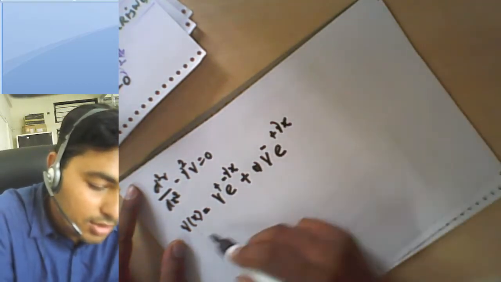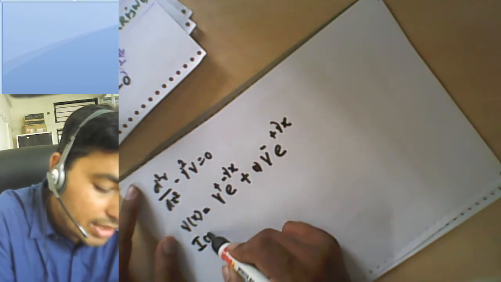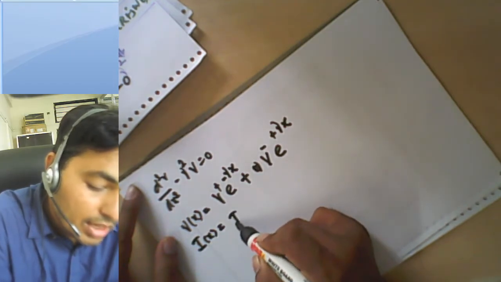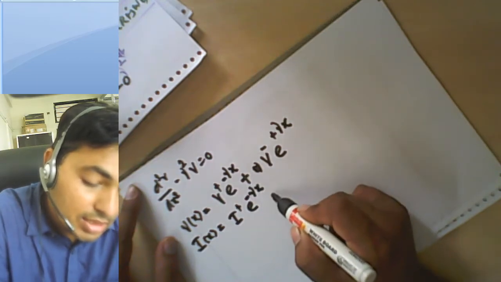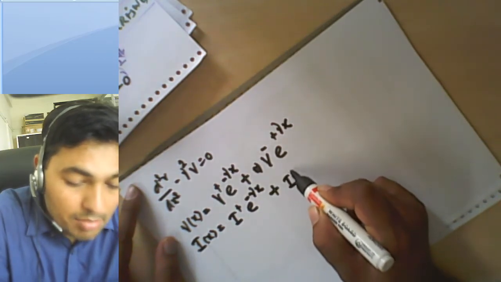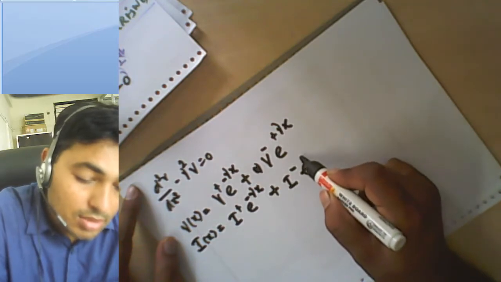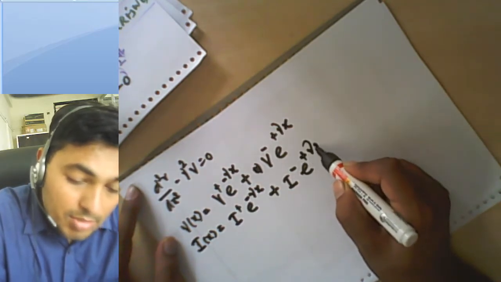Similarly for current, we have Ix is equal to I plus e raised to minus gamma x plus I minus e raised to plus gamma x.